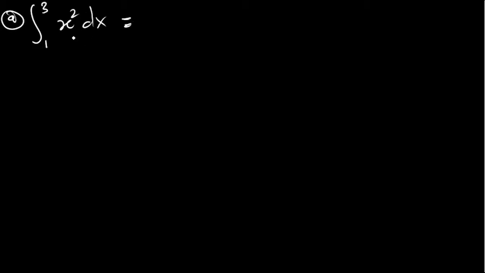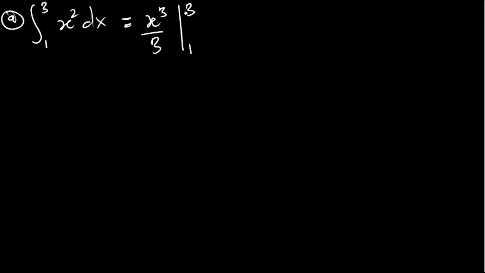Are you okay? So first we have to integrate the function. And if you integrate this, you are going to get x cubed on 3. Are you okay? But since it is a definite integral, we are not bringing the c.